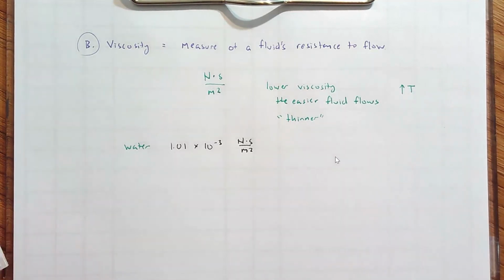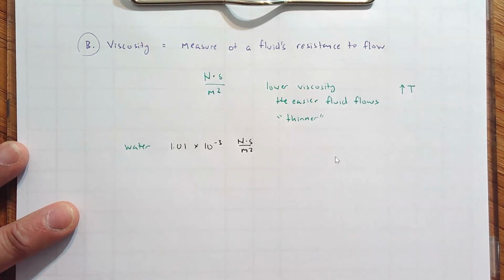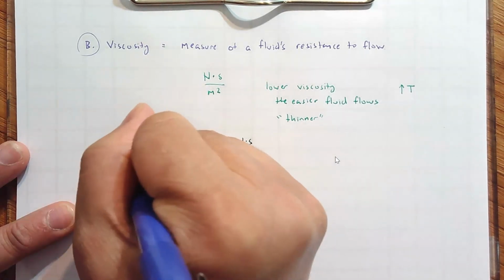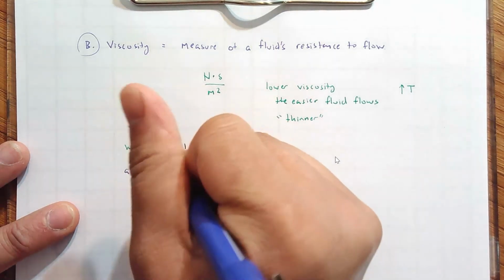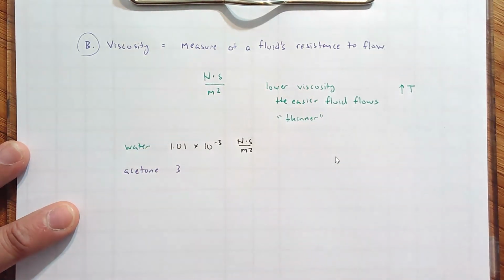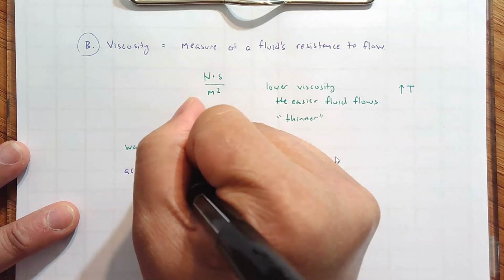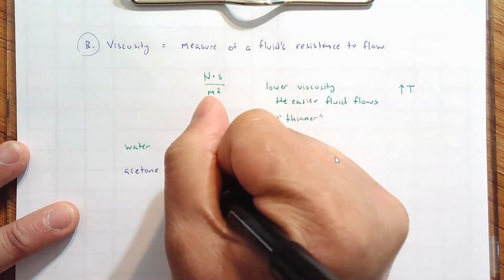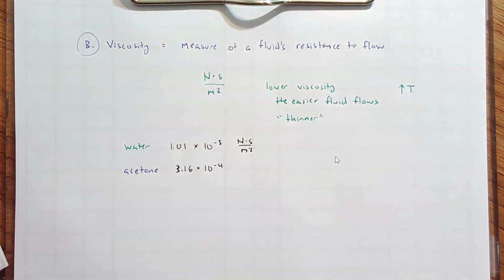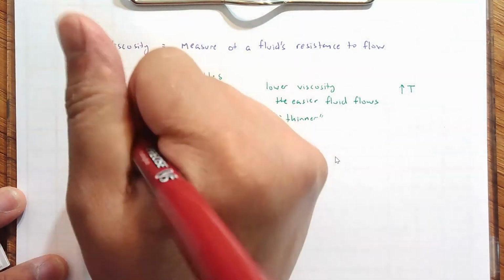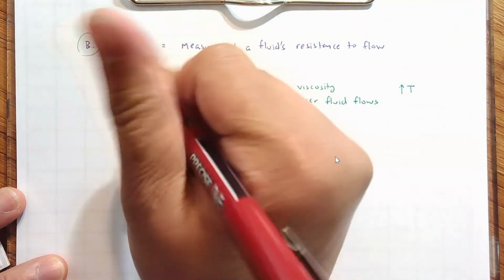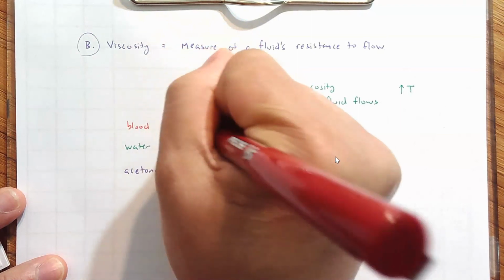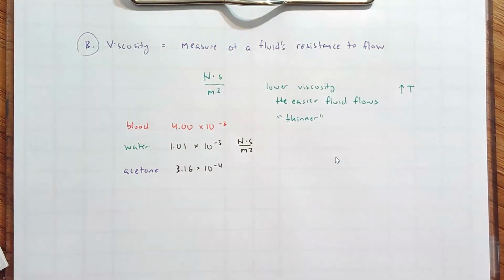Acetone. Acetone is nail polish remover. Let's put it underneath. It's thinner. You would expect it to have a lower viscosity. 3.16 times 10 to the minus 4. So that is lower. And then higher, we could use syrup, but I have the number for blood. Fairly viscous. 4.00 times 10 to the minus 3.